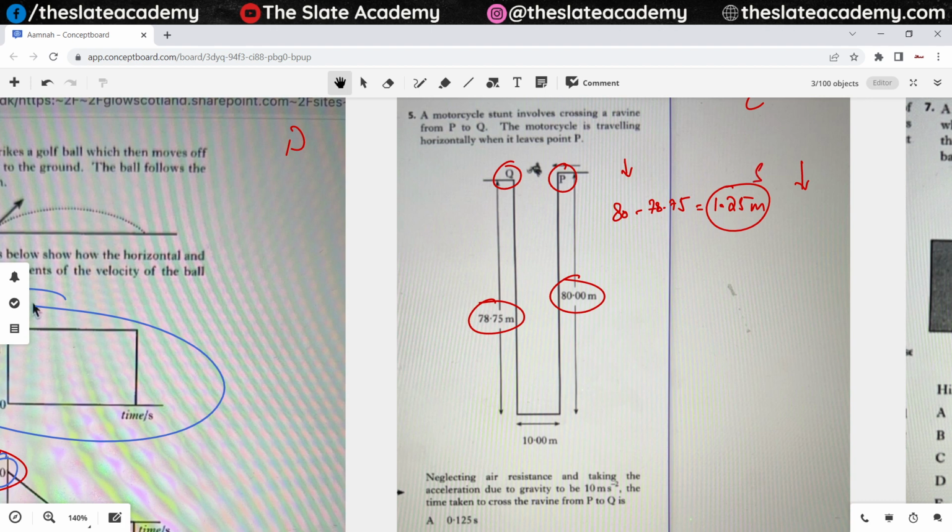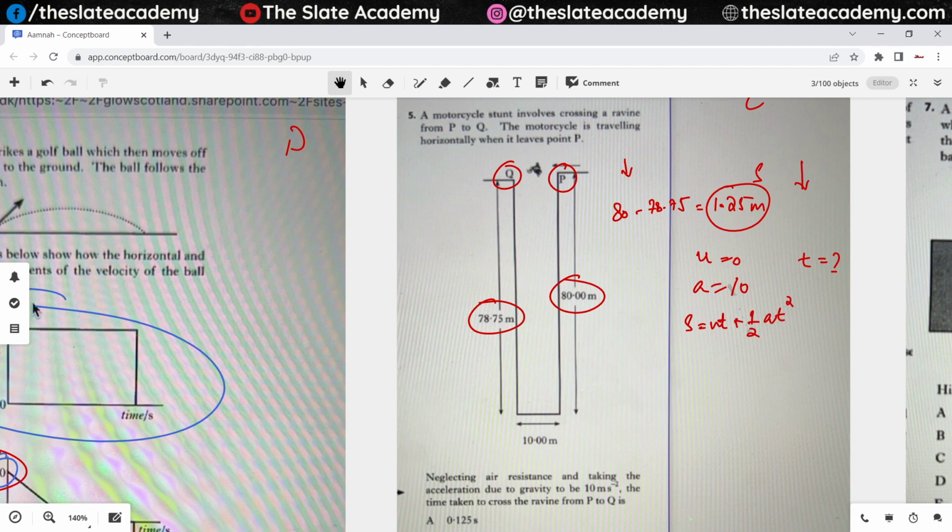Then, for the vertical motion, since it had forward velocity only, initial vertical velocity U would be 0. A is 10 and time is what we have to calculate. So with S, U, A and T, we can use the equation S is equal to UT plus half AT squared.